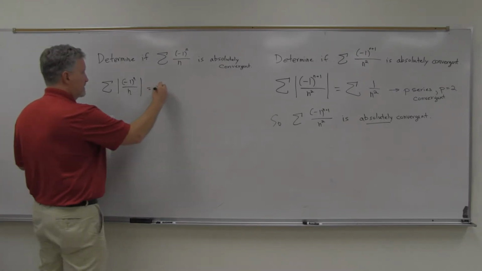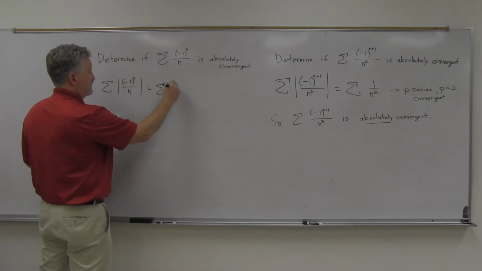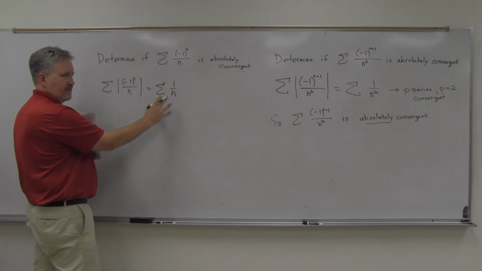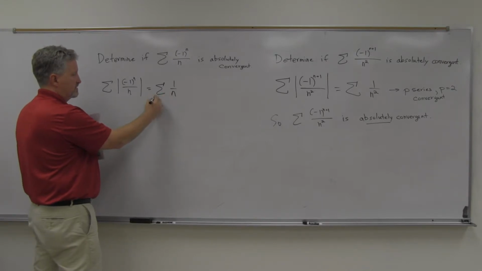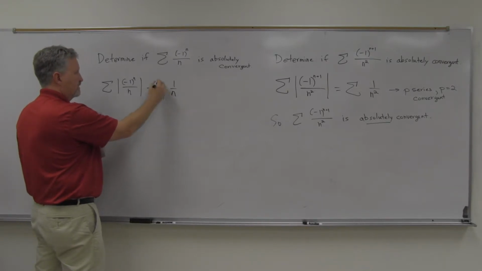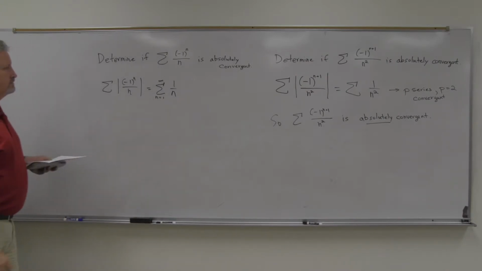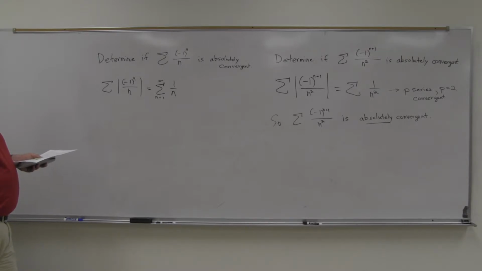Again, that just cuts out the alternating sign, so that just makes it 1 over n, and even the absolute value goes away there because I'm talking n equals 1 to infinity. I don't have any negative powers of n. So what is that?